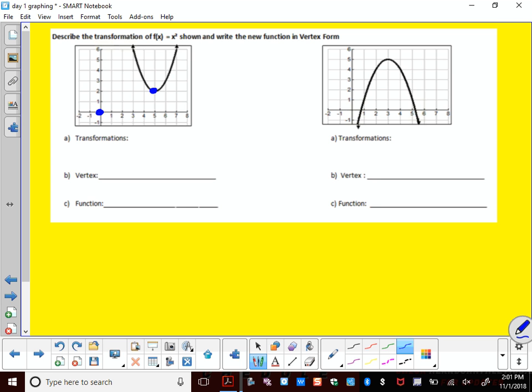What do we do to get there? Right, how many? And then up 2. My vertex here is the point (5, 2).